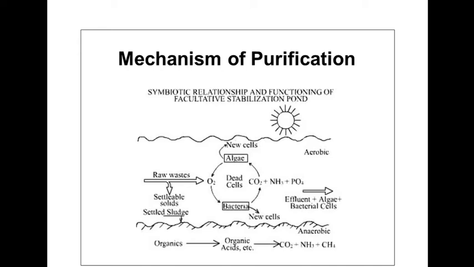A two-stage process happens in this zone. In the first stage, organic matter is converted into organic acid by acid forming bacteria, and in the second stage the organic acid is converted into CO2, ammonia NH3, and methane CH4 by the methane forming bacteria. This whole zone is an anaerobic zone.